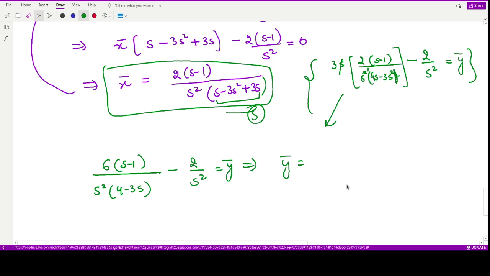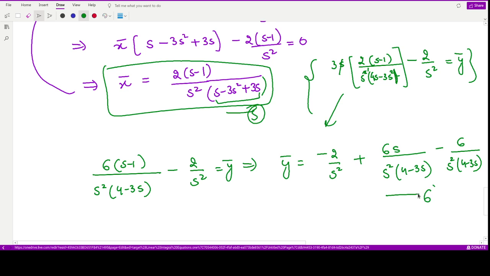So we have to apply partial fractions over here. When you apply partial fractions, so what do you have? Minus 2 by s square plus 6s divided by s square (4 minus 3s) and minus 6 divided by s square (4 minus 3s). So now you have to solve this. So let's say this is your equation number 6.